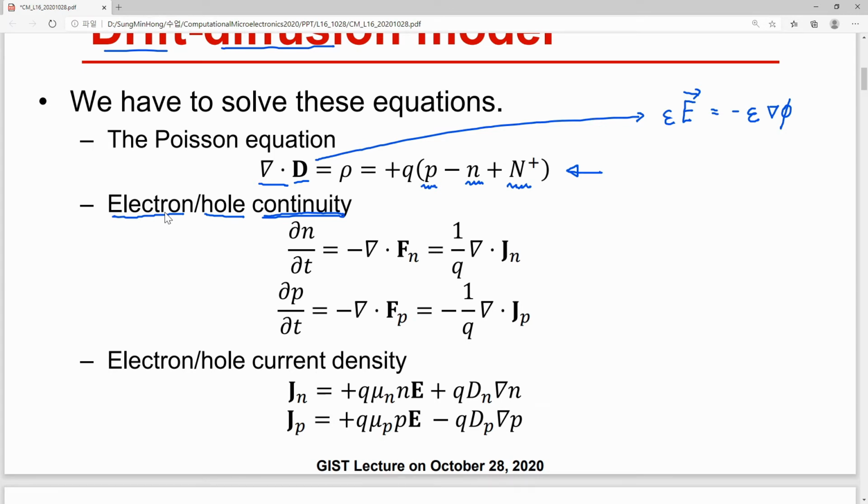On the other hand, if we have much larger hole densities all over the device, then we can neglect electron density and consider only the hole continuity equation. So you can easily understand this specialization. But in principle, we have to solve these 5 equations.